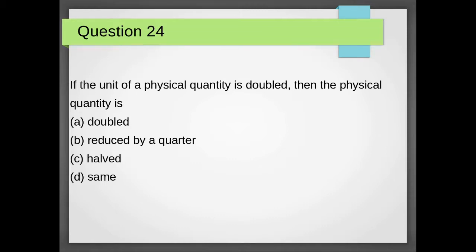Let's say you have a box, the contents of which weigh exactly 1 kg. Now what the question says is the unit of that physical quantity gets doubled. So let's say the kg gets doubled, and once it gets doubled, we refer to it by a different name. Let's call it alpha.